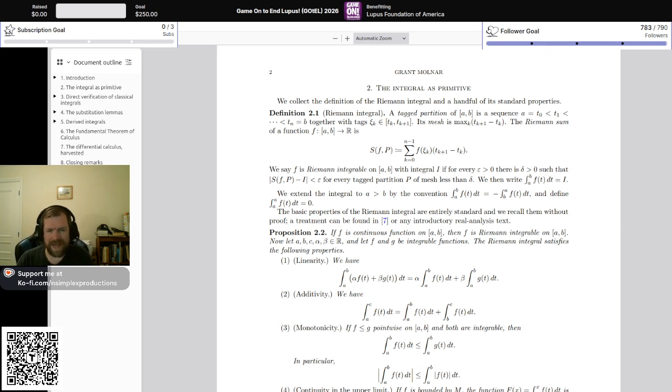We also have additivity. Here, the integral from a to c of f of t dt is allowed to be the integral from a to b of f of t dt plus the integral from b to c of f of t dt.